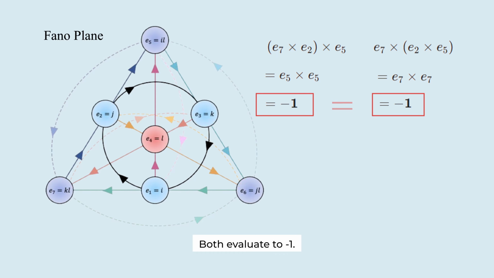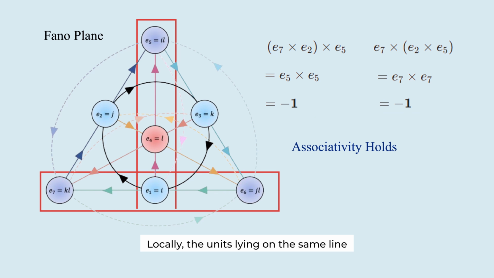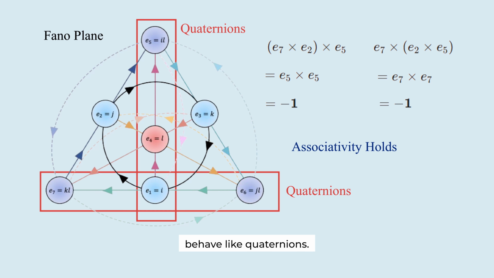Both evaluate to -1. Associativity holds. Locally, the units lying on the same line behave like quaternions.